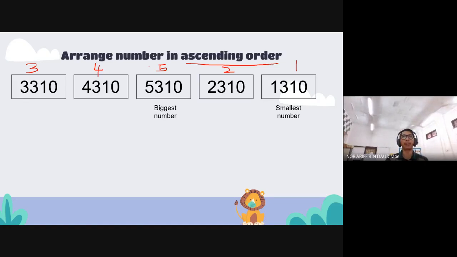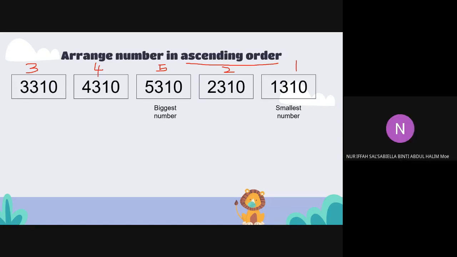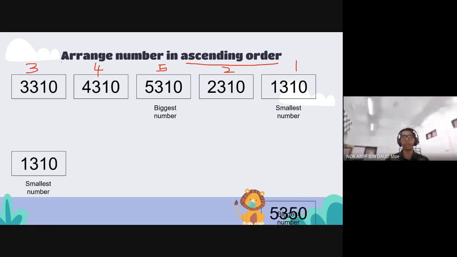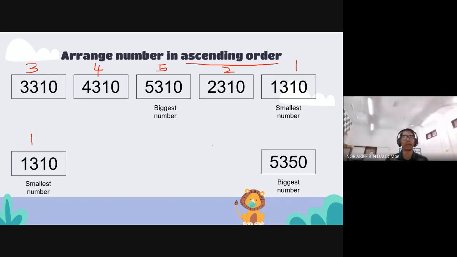Thank you, Ifa. Okay, now we already get the number, so we can arrange the number from small to big. So we have the smallest number and the biggest number. Smallest number is number 1 and the biggest number is number 5.